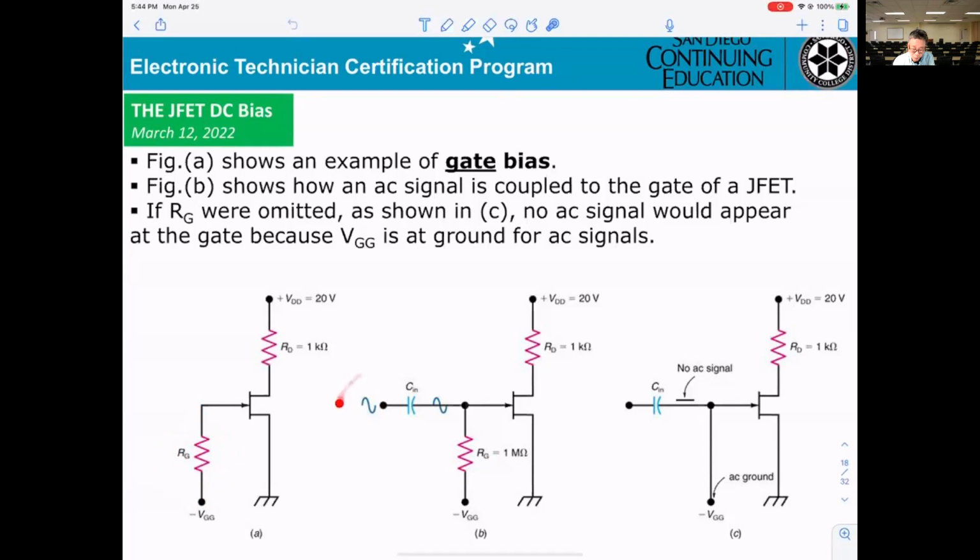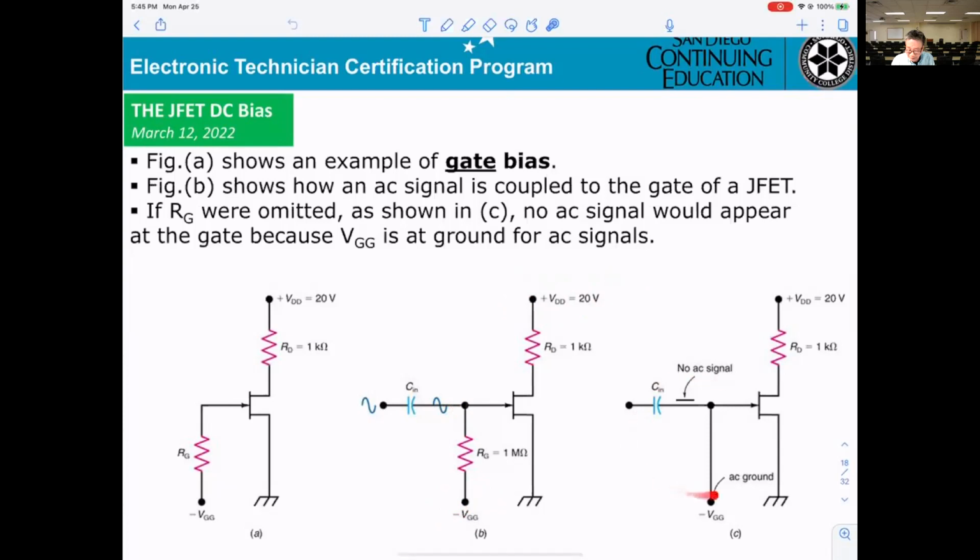That means at the input you get a sine wave, and the capacitor will be DC blocking, AC coupling. So you get a sine wave on this side, you get a sine wave on this side. Now, when you're converting DC circuitry to AC circuitry, VDD must be grounded, VGG must be grounded.